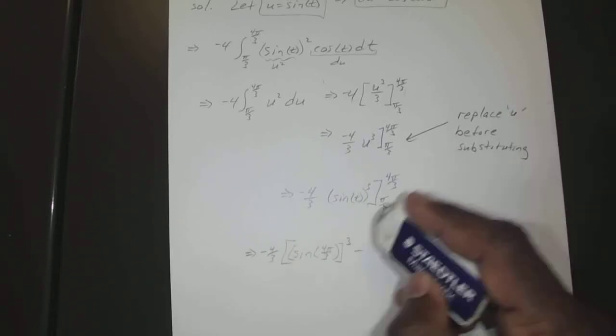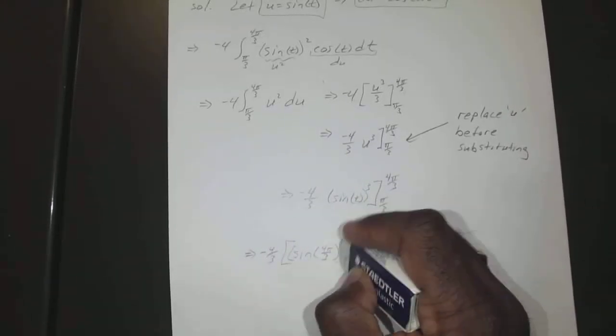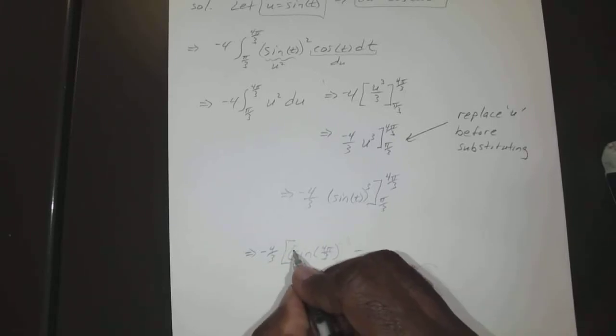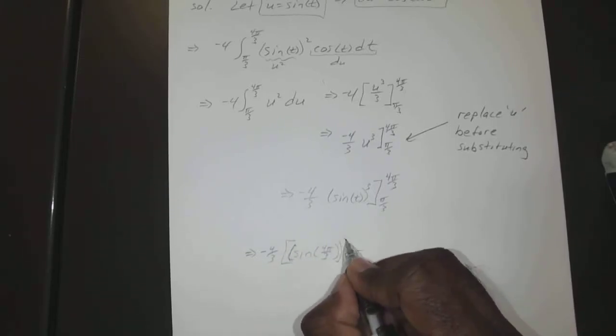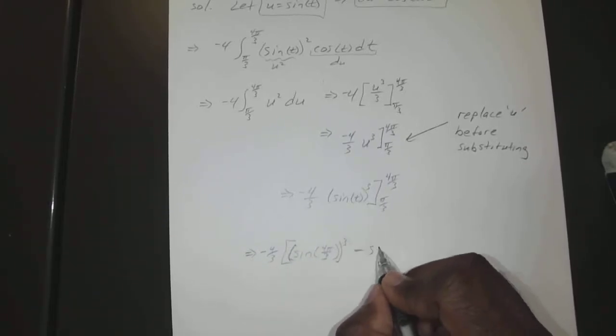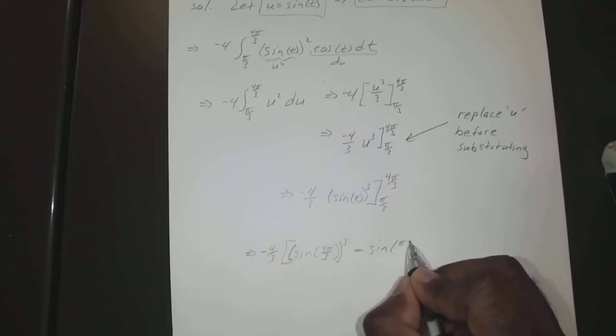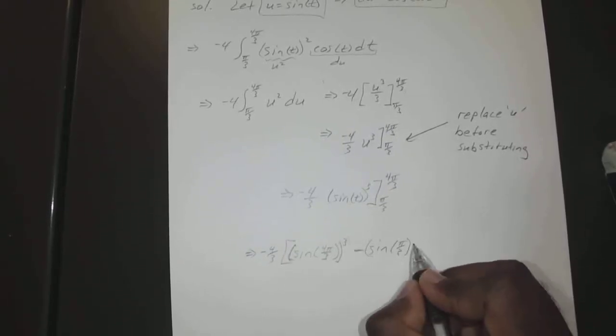Actually, that should be a parentheses. Don't know why I put the bracket there. Minus sine of pi over 3 cubed.